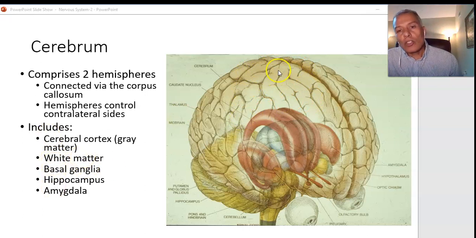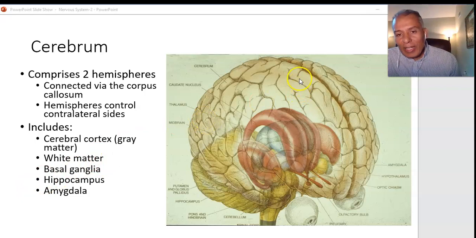First, the top layer of it, 4 millimeters thick, is called the cortex of the cerebrum. Make it easy on you, cerebral cortex. Cortex means tree bark. So it serves as the outer layer that surrounds the brain, like a tree bark surrounds a tree trunk.